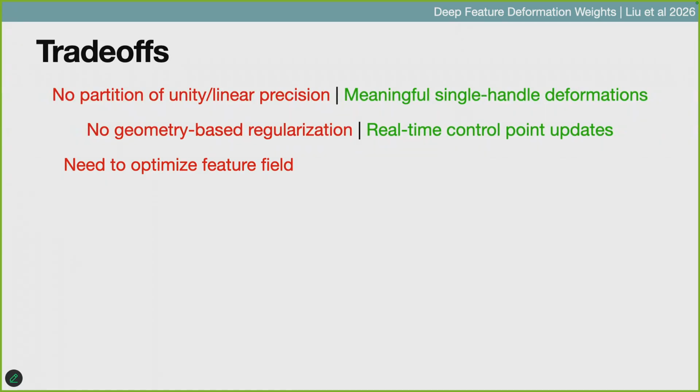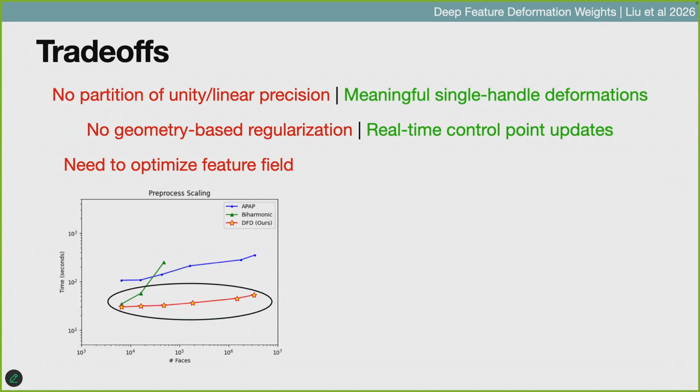Another limitation here is that we have to optimize a feature field, which comes with an upfront fixed cost. But as noted in our back projection slides, feature field optimization is completely discretization agnostic because the surface is resampled through rendering. What that means in practice is that getting feature fields for this shape is essentially fixed across all mesh resolutions, up to I/O and decimation operations.